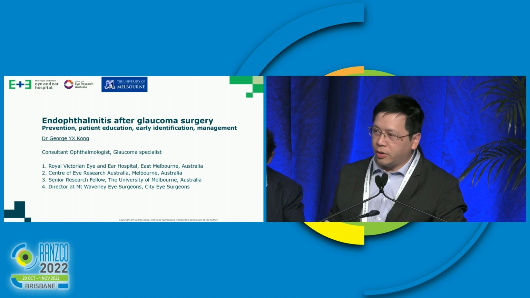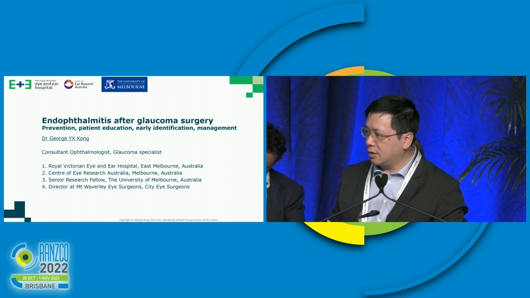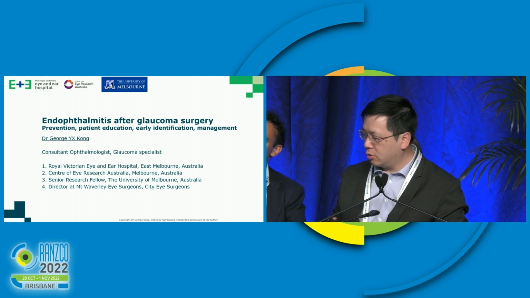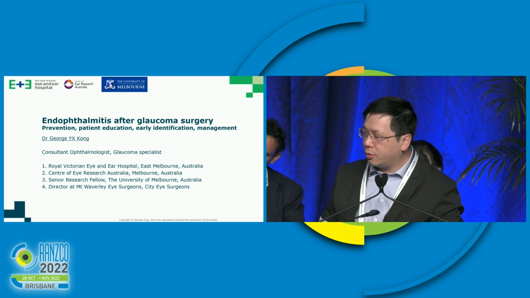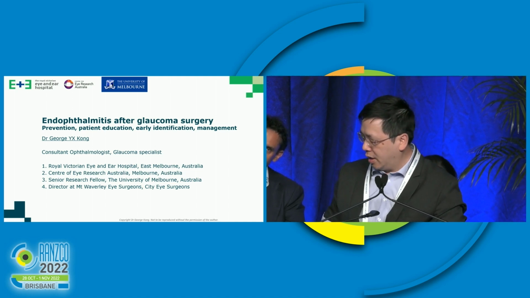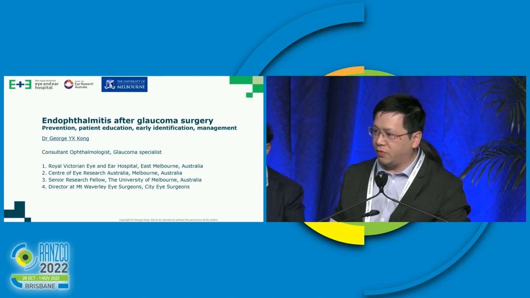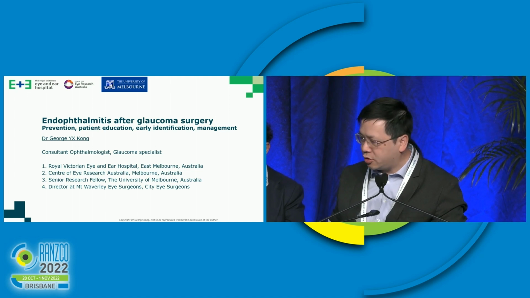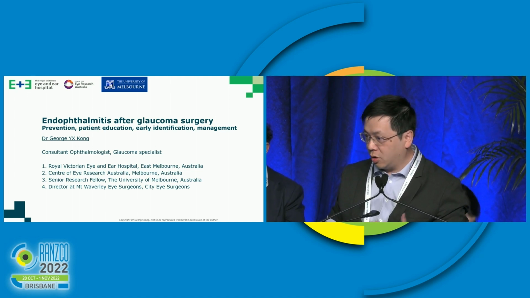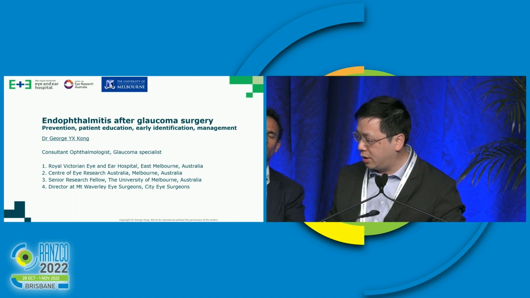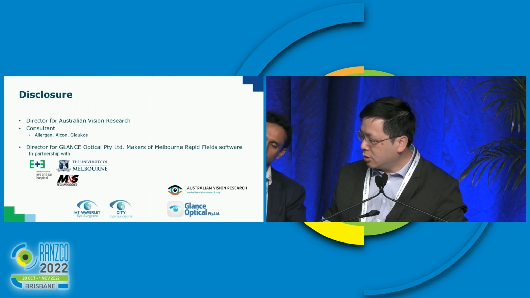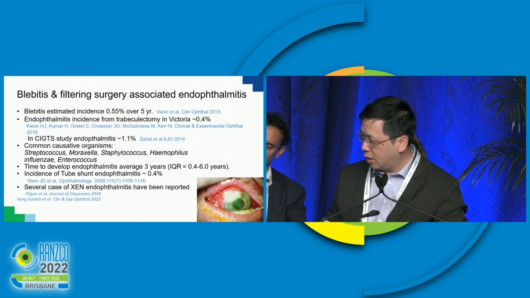In glaucoma surgery, we are trying to create a channel out of the eye and remove the natural barrier that the sclera has in preventing bacteria from entering the eye. And the only thing that's preventing endophthalmitis will be the conjunctiva. So it is very important in terms of the conjunctival assessments.